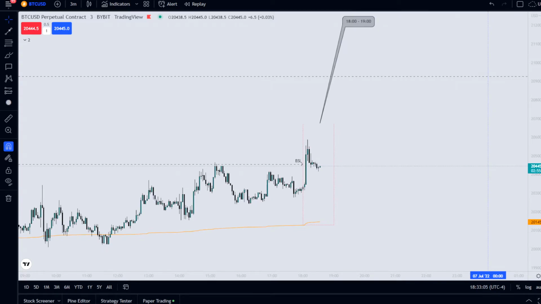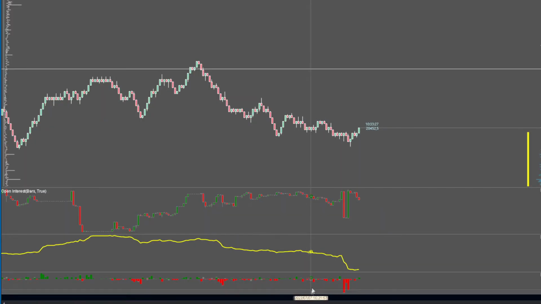Right, sorry for that little bit of a detour, but I really was compelled to take that trade. We had run buy side liquidity, and it was just during a time where I thought that statistically prices are likely to go down. So it's completely reasonable to hold this trade. One of the things that I noticed is, look at the CVD going down here, but price is not really following.